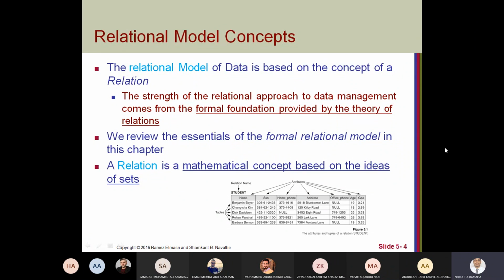Then, after we finish chapter 5, we will go directly to chapter 9 to see how to make the mapping from an ER diagram to a relational model or relational schema. So it's a small change in our syllabus.